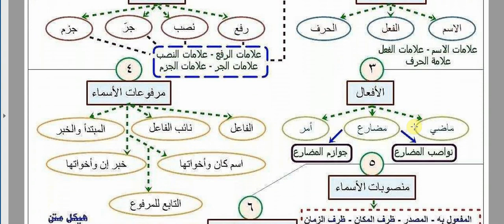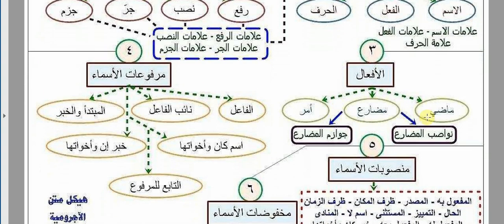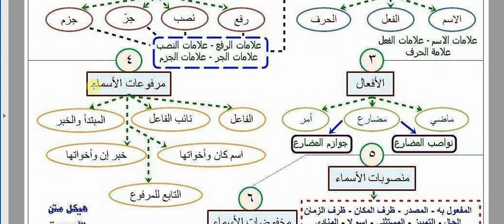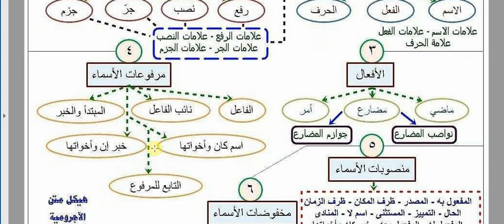But now he breaks it down. You see their verbs change into these 3: past, present, and command. This here tells you what part of nouns go under the state of rafa. You see, you have it all in front of you on one page in an easy way to look at.